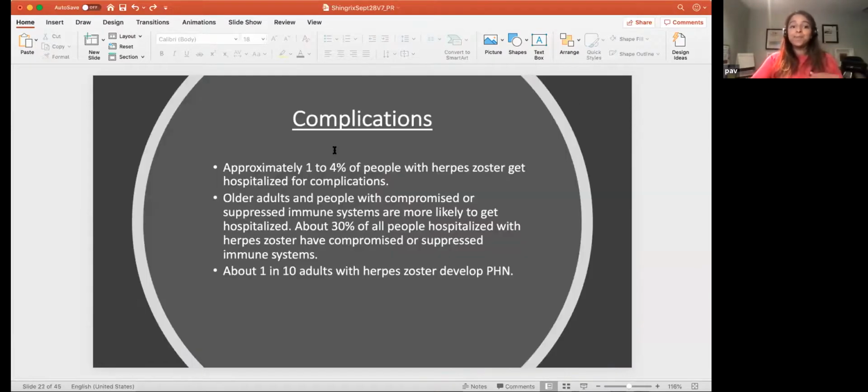And it's really important that Kyle has some information about the complications associated with shingles. I think more than anything, people think shingles in and of itself is a rash or a painful condition that they can grin and bear, but that's not necessarily true.